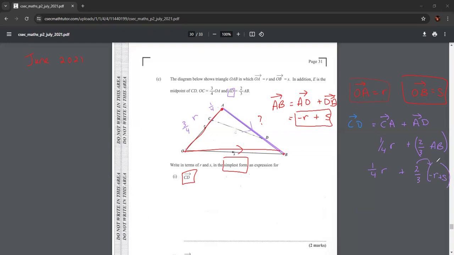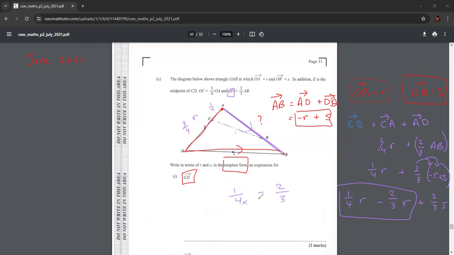Expand. So we'll end up with a quarter R, not a half. 2/3 times negative R, that's going to be negative 2/3 R. 2/3 times S, that's going to be plus 2/3 S. Now we're going to simplify this part. So it's actually a quarter minus 2/3. Find the LCM.